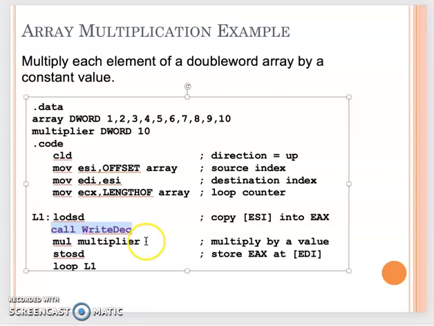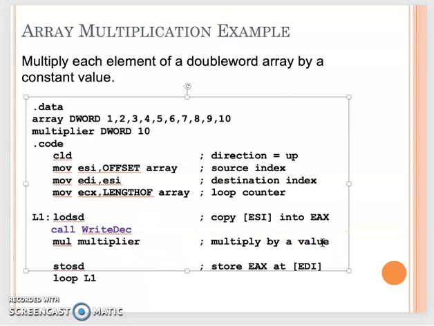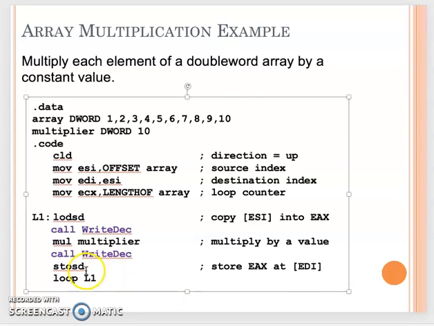After we multiply, the same thing: the value is in EAX, so I call WriteDec again and we get the result. Whether you want to store back to EDI is up to you, depending on how you want to do it.